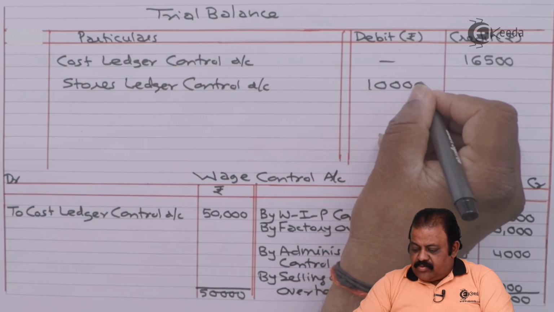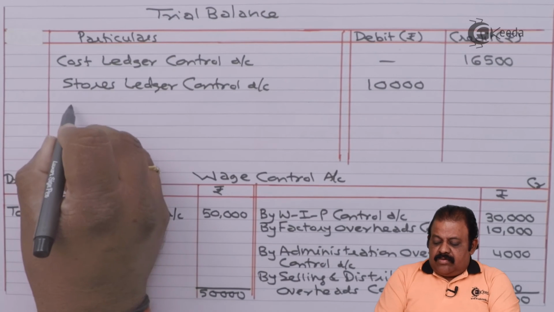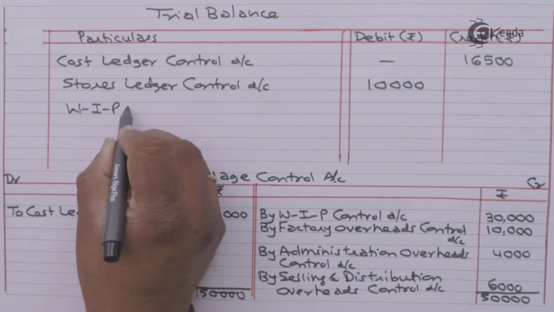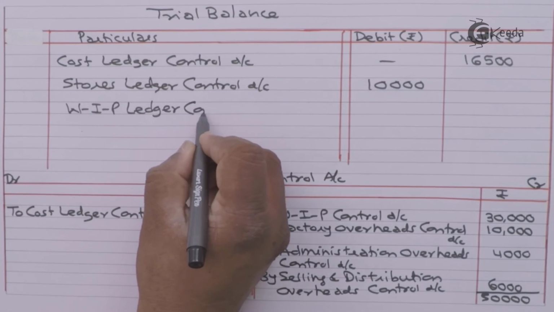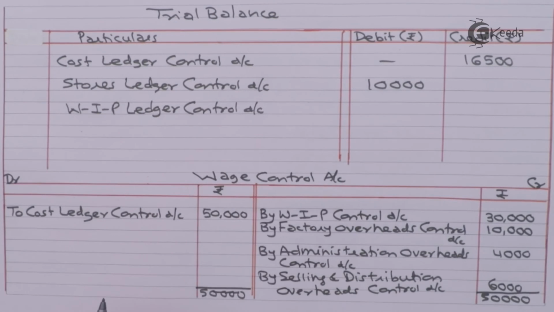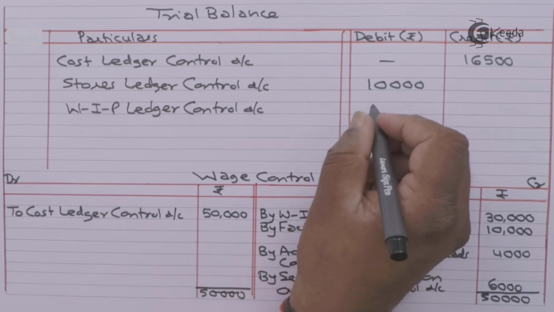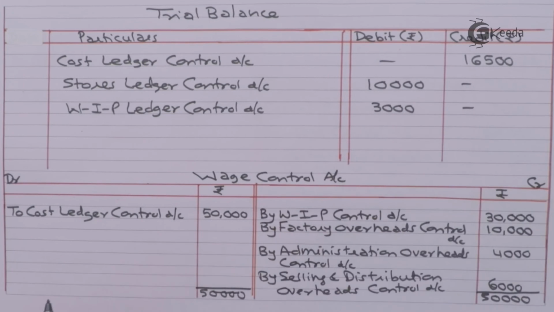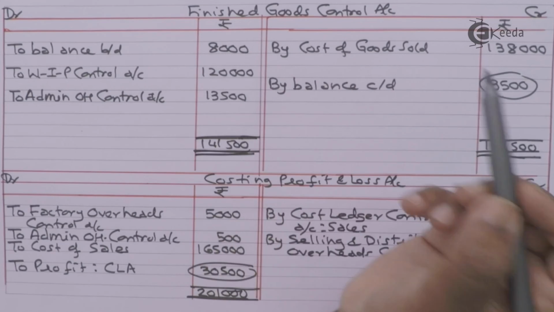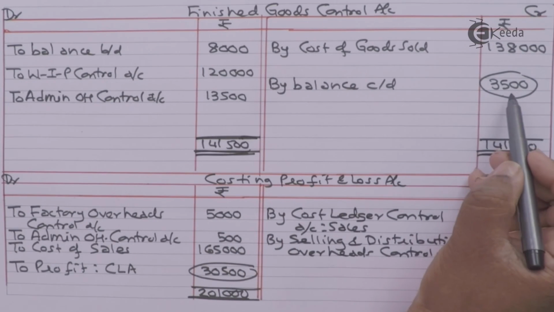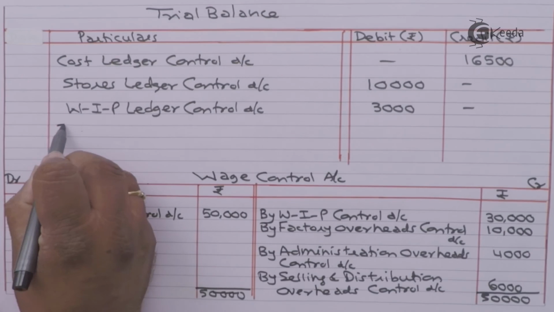Debit balance 10,000, store ledger control account. Work in progress ledger control account, debit balance 3,000. Finished goods control account, balance 3,500.